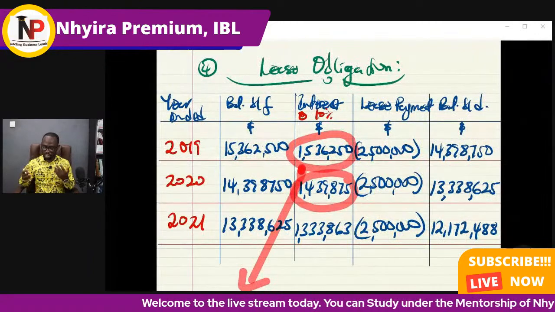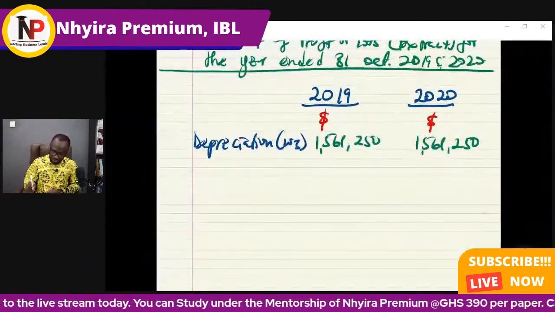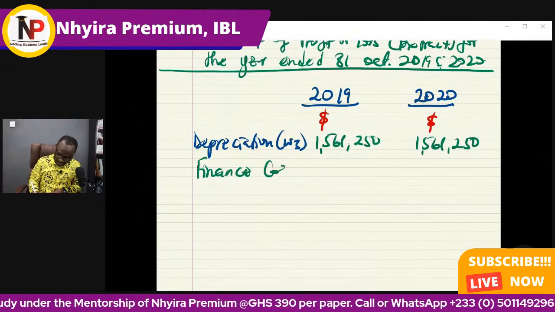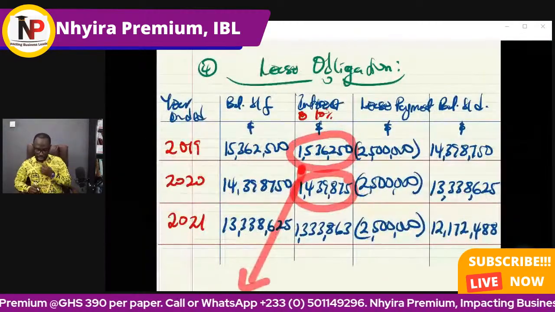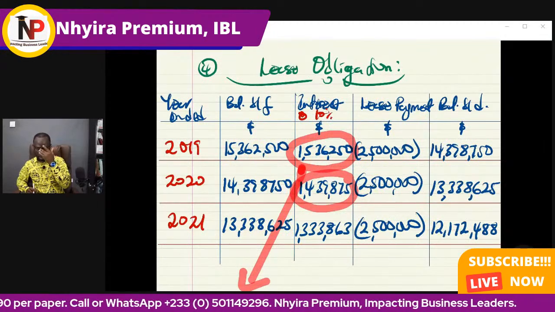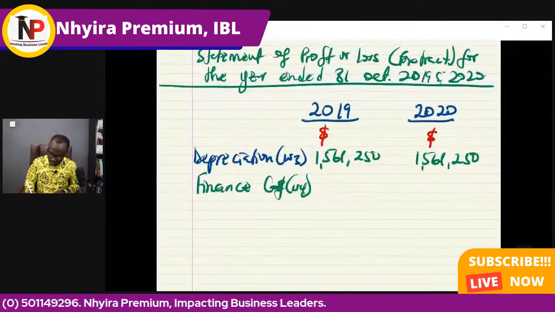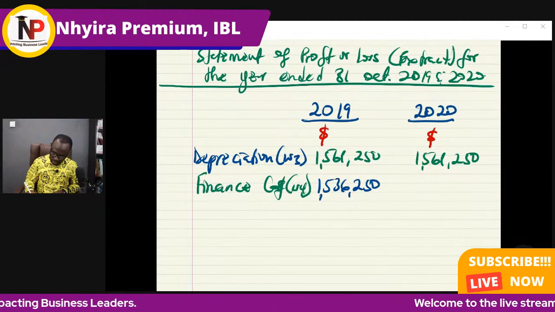Then we come to the finance cost. That is going to be in workings 4. So that's in workings 4. And we're going to have 1,536,250.